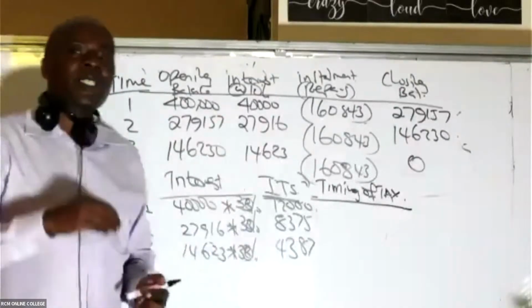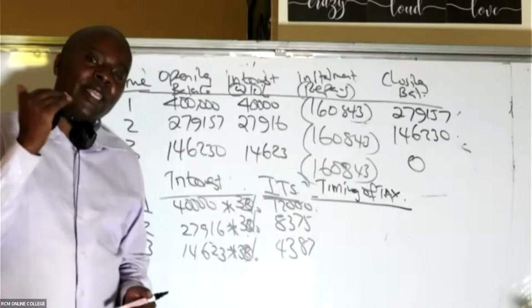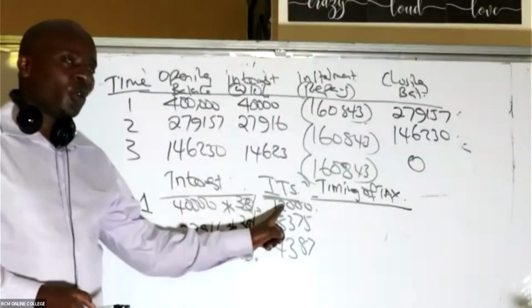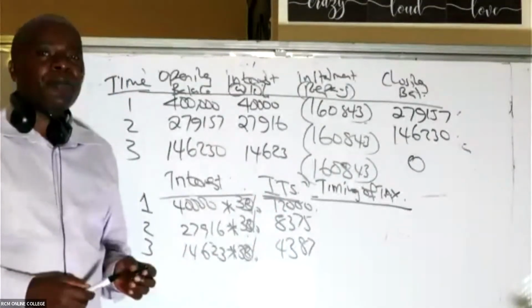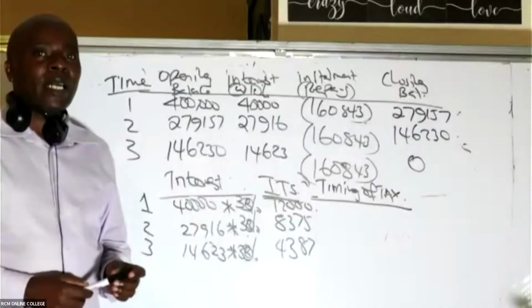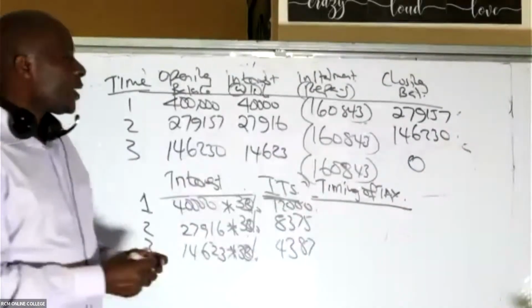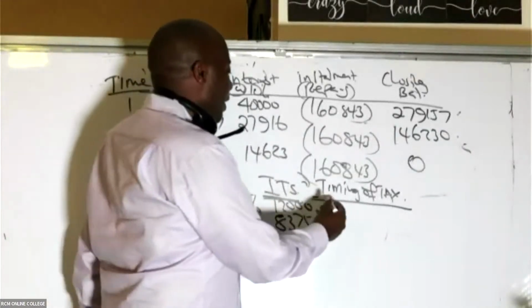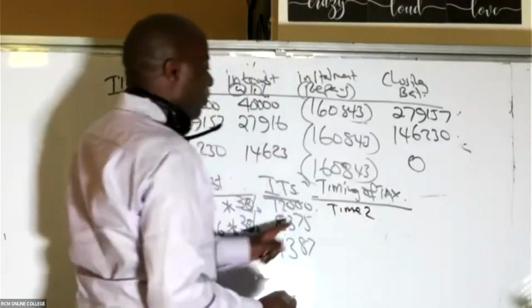So if this value is being delayed 1 year, it's 1 year in arrears, it means that year one's tax will be paid in which year? The following year. So this tax, if there's any tax associated with this, will be paid in time 2.